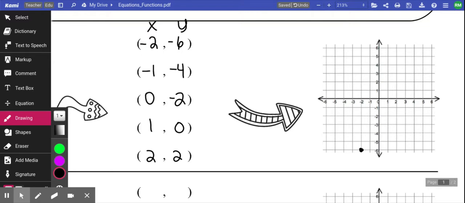Next one, I'm going to go to -1 down to -4 and plot a point. 0, -2, plot a point. 1, 0, plot a point, and 2, 2, and plot a point. Once I have all my points plotted, I'm going to draw a line through them.